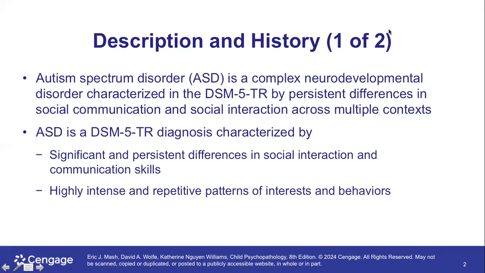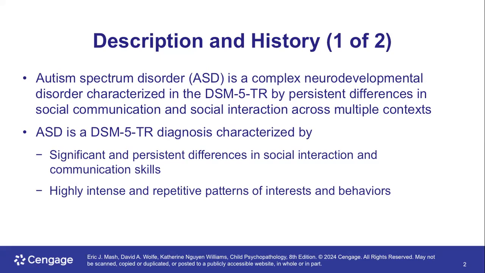When we discuss the history of autism spectrum disorder, it is a fairly complex neurodevelopmental disorder which is characterized by persistent differences in social communication and social interaction across multiple contexts.